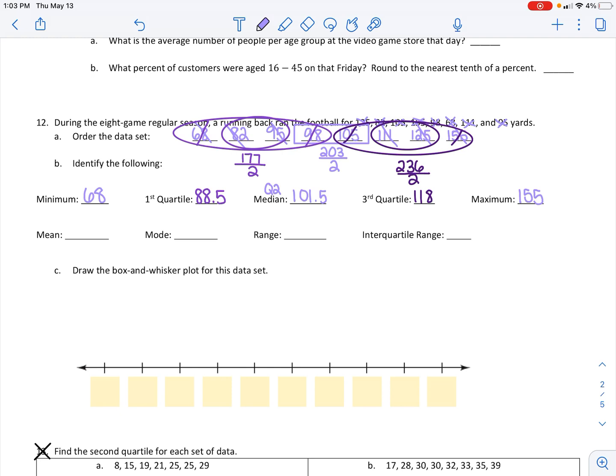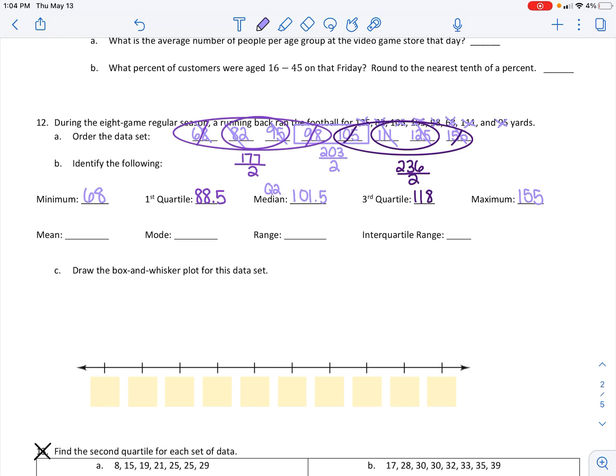The mean is the average. So that's whenever we add up all of our data and divide by the number of data points that we have. So we're going to take 68 plus 82 plus 95 plus 98 plus 105 plus 111, 125, and 155.